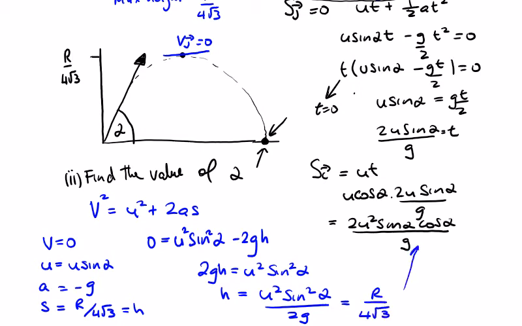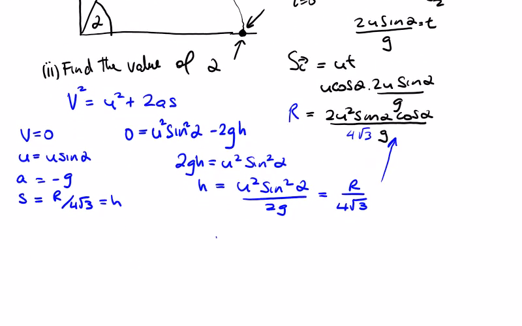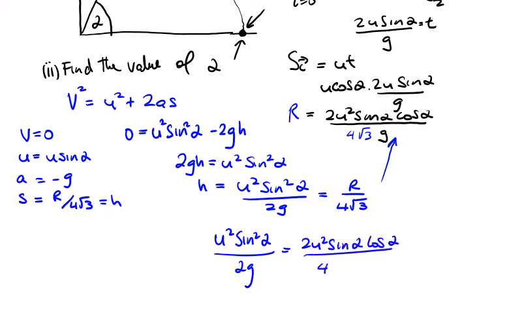So the range, this R here, if we divide that by 4 root 3, will go here. So we can equate these two things. u squared sine squared alpha over 2g is equal to 2u squared sine alpha cos alpha over 4 root 3 g.